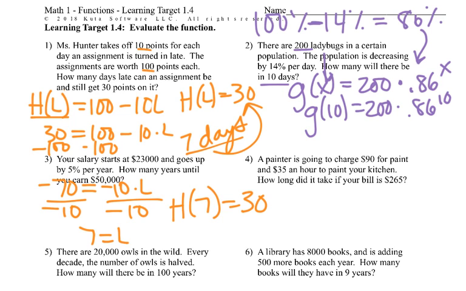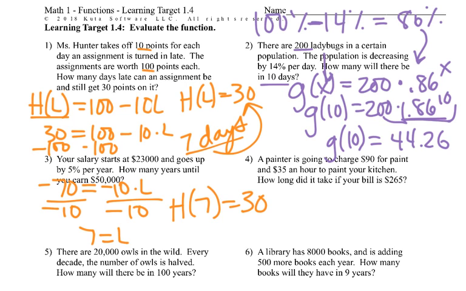So I pull up my calculator, and I go 0.86 to the 10th, which gives me 0.22130157888888031. So pretty big decimal. So just using my calculator, I'll take that decimal and I'll multiply it by 200. And that gives me about 44.26.